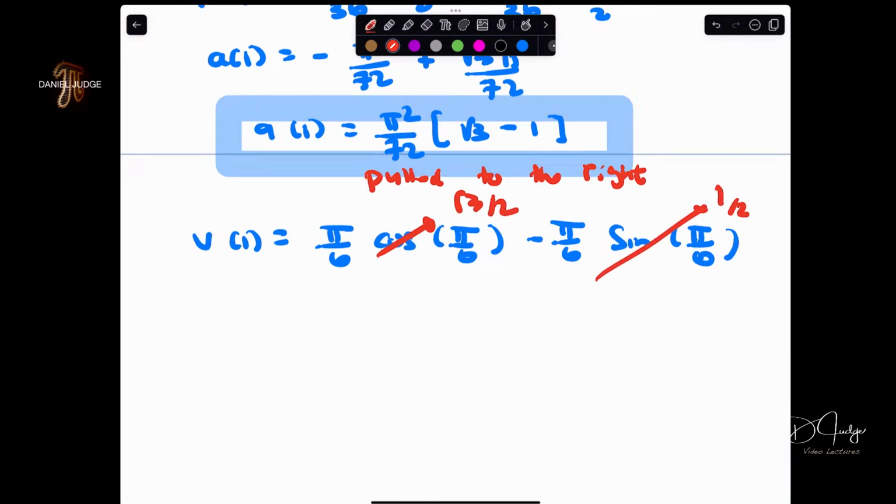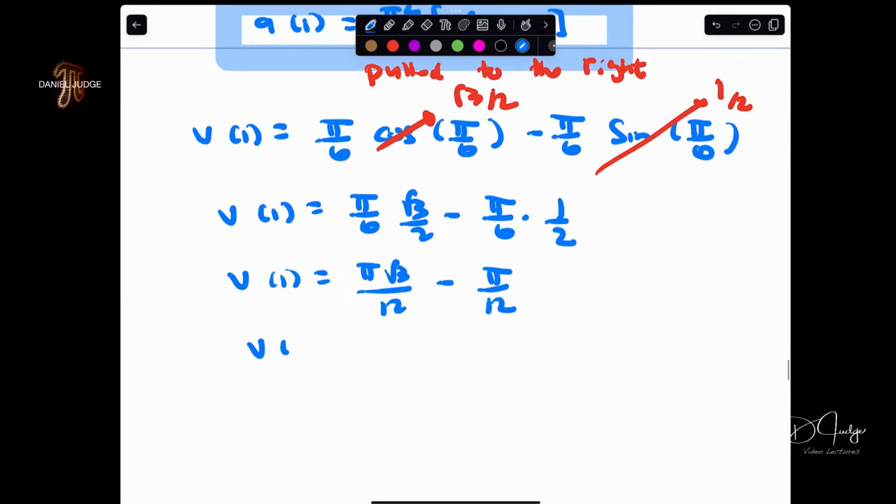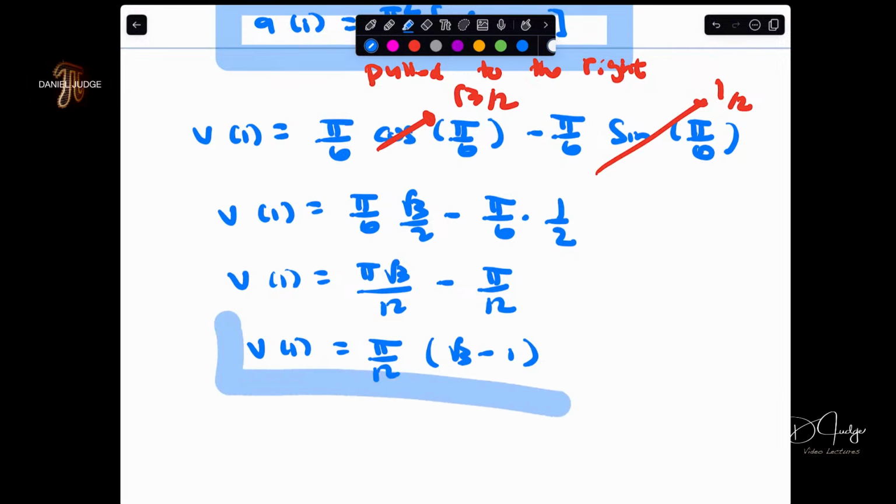Sine of 30, 1/2. Okay, let's factor out pi over 12, and you get square root of 3 minus 1. That's positive, just so you guys know. So the particle is moving to the right.